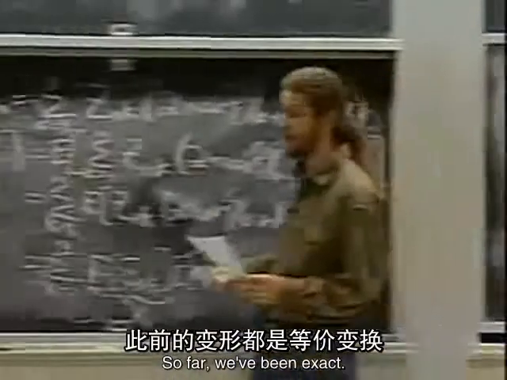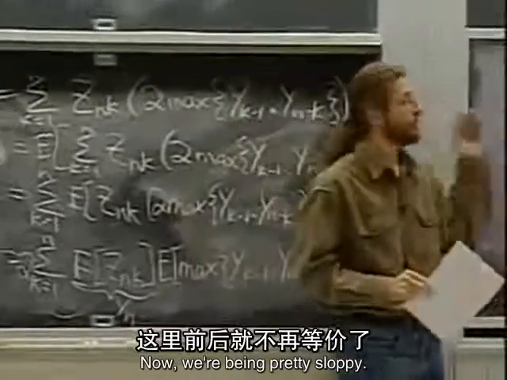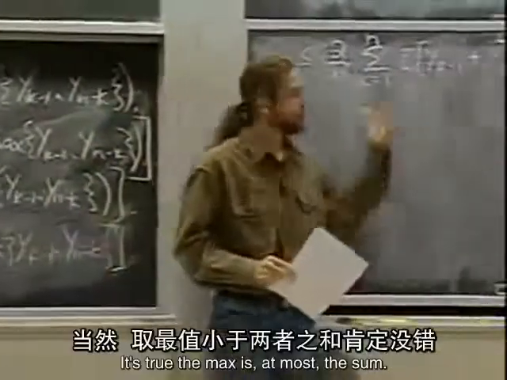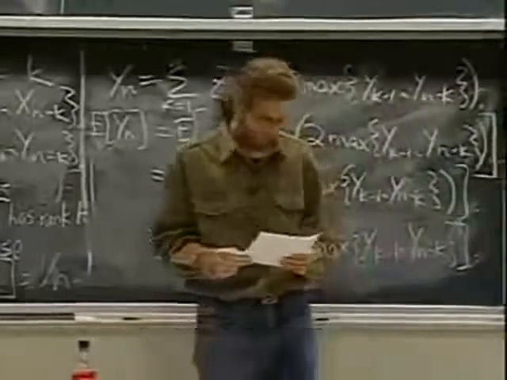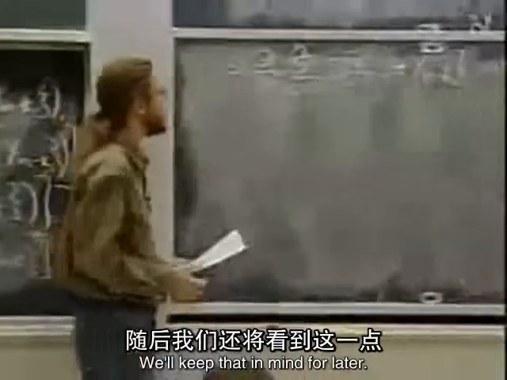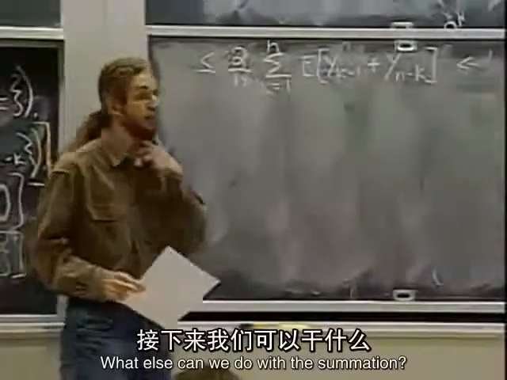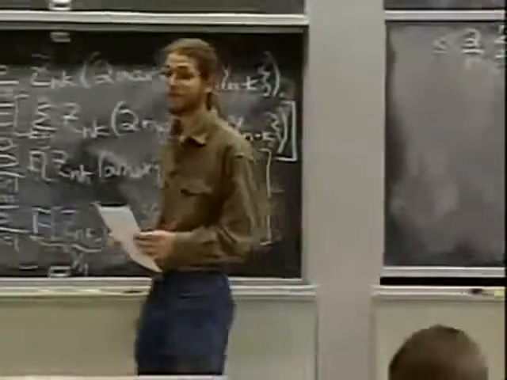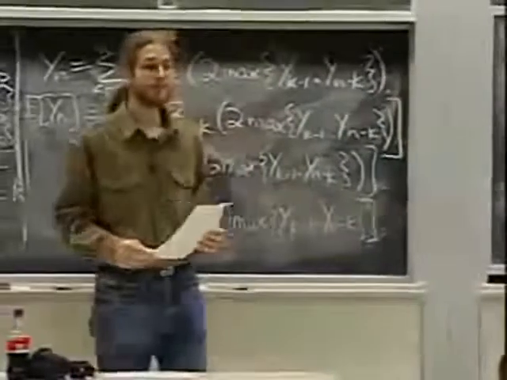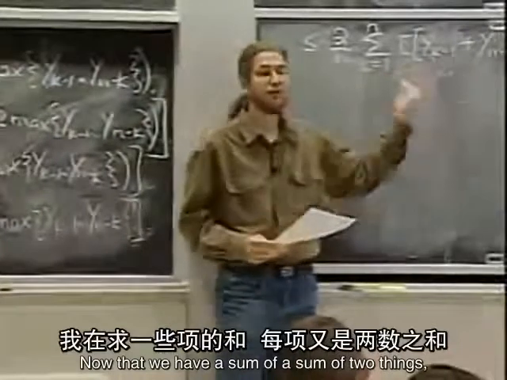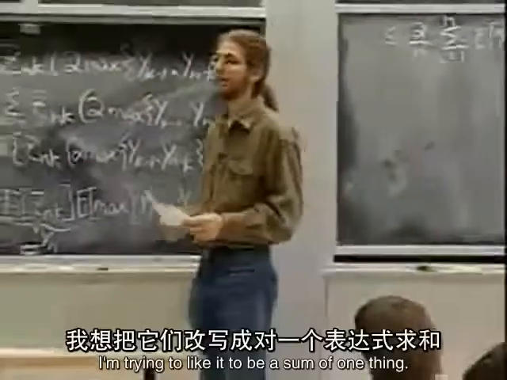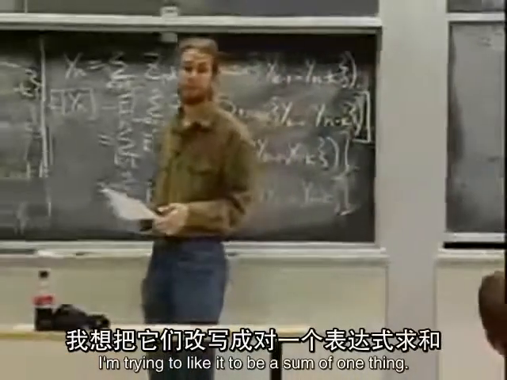So far we've been exact. Now we're being pretty sloppy. It's true this max is at most the sum, but it's a pretty loose upper bound as things go. Keep that in mind for later. What else can we do with this summation? This should again look familiar. Now that we have a sum of two things, I'd like it to be a sum of one thing.